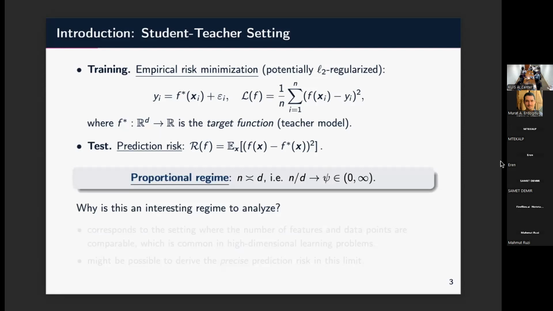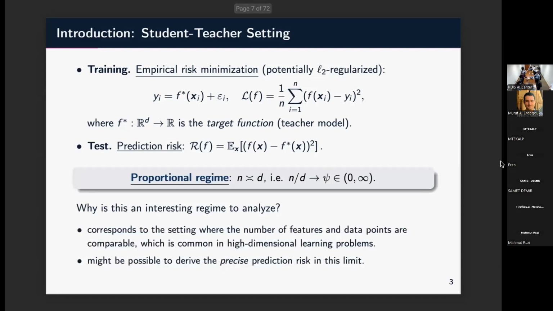So why is this interesting? Well, I will argue that it's what happens in practice in general. The proportional regime is quite relevant, but the real reason that this is interesting is it will allow me to compute this test error, the prediction risk, precisely. It's not going to be an upper bound. It's going to be a precise calculation of the risk, and it is possible in this regime.